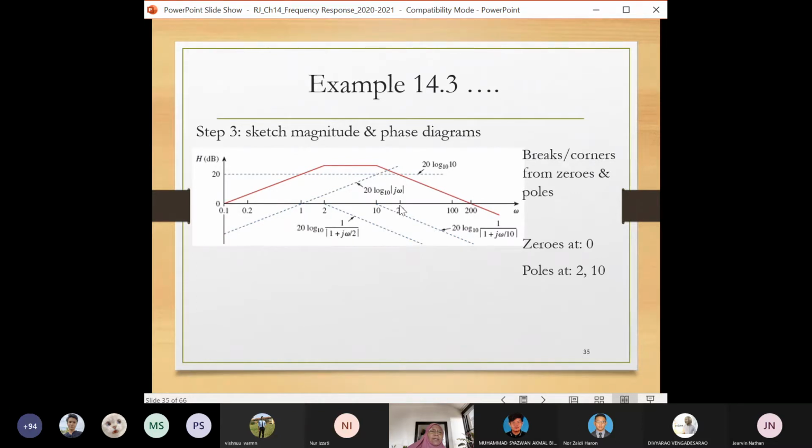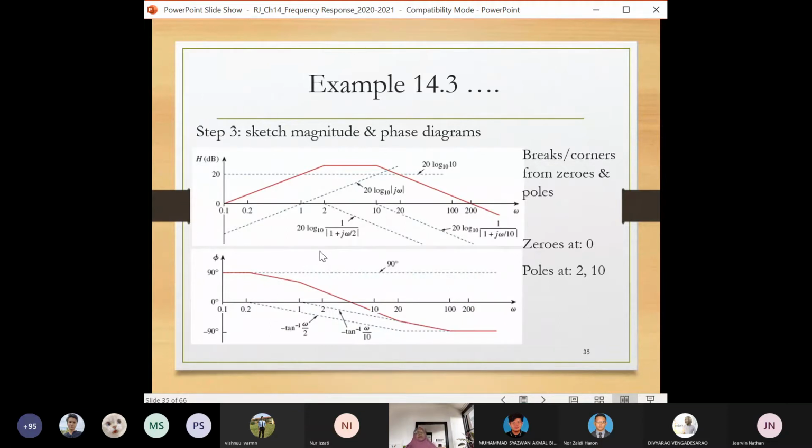But from 10, because there are 2 negative lines and 1 positive line, the net effect is 1 negative line. So you will have a rise until 2, then flat, and then drop by 20 dB per decade until the end of the world. This will be the magnitude plot for the equation given.